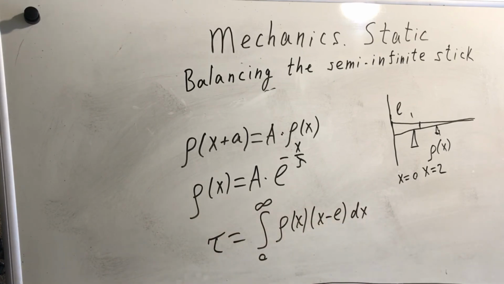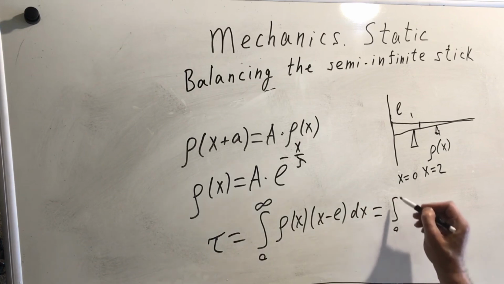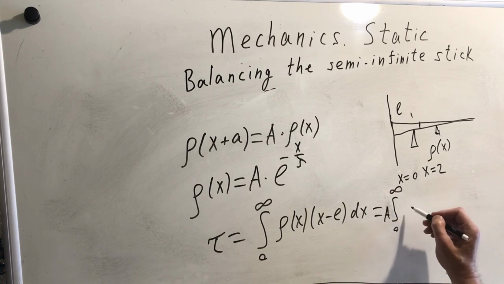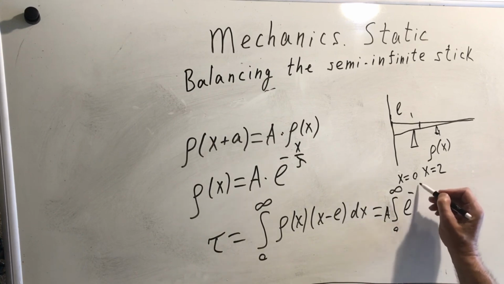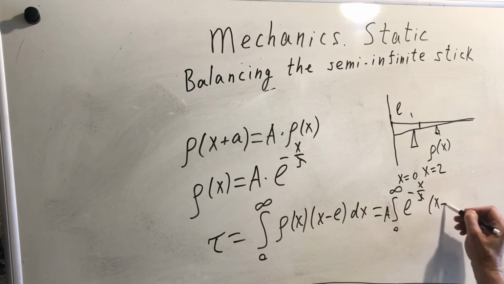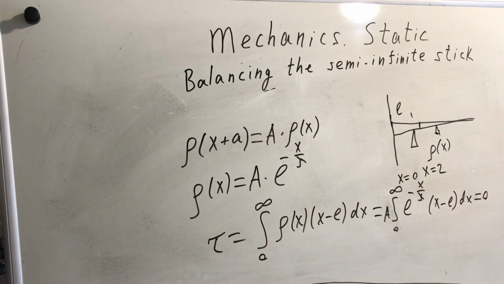When we put this expression here, that will be the integral from 0 to infinity of a e to the power negative x over lambda multiplied by (x minus L) dx, which is equal to 0. Now we can take this integral, equate it to 0, and we find that lambda is just equal to L.